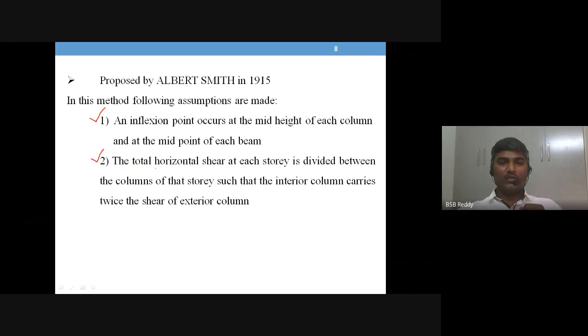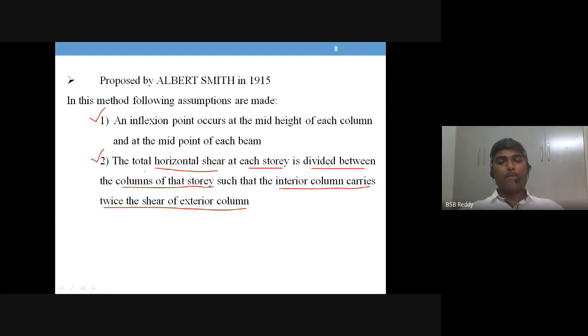The total horizontal shear at each story is divided between the columns of that story such that the interior columns carry twice the shear of the exterior columns. This is the second assumption.